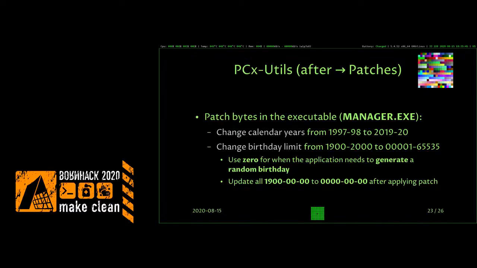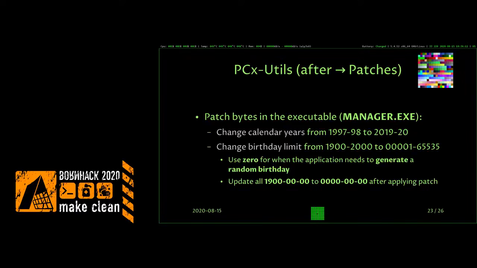So I didn't want to make any changes to the manager because I didn't want to distribute the binary itself. But what I ended up doing is, in this PCX utils, I made some extra tooling that can patch the original binary file, and it will actually update it. And I really had this problem because I was just thinking, well, the game was from 1997, so what if I just moved 1997 to 2019, right?